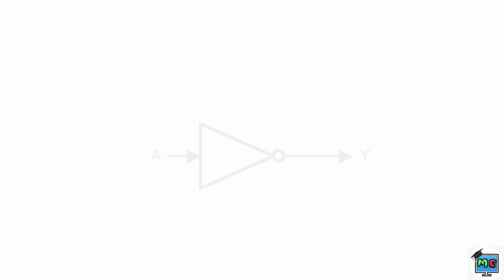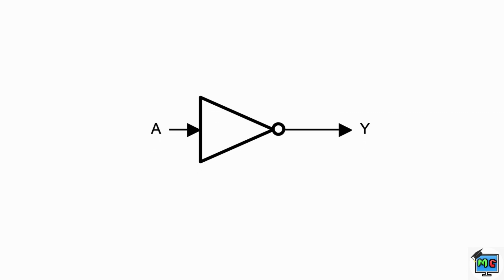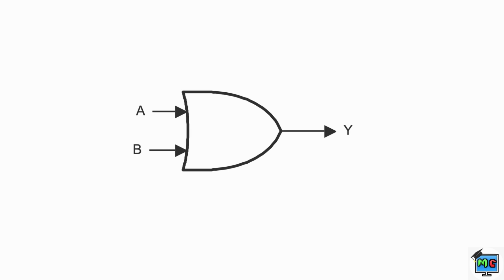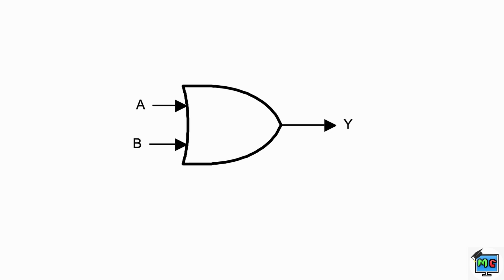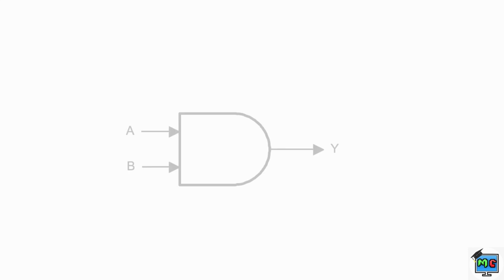So the first one. Can anyone remember this one? Yes. NOT gate. That's a NOT gate. Next one. OR gate. Yes, that's an OR gate. Let's see the next one.